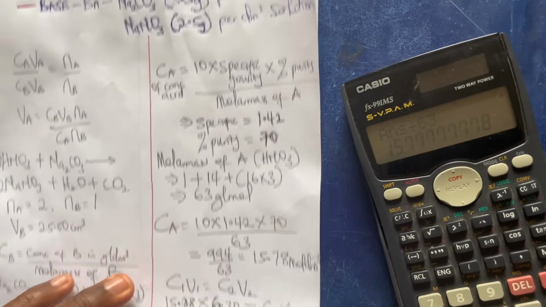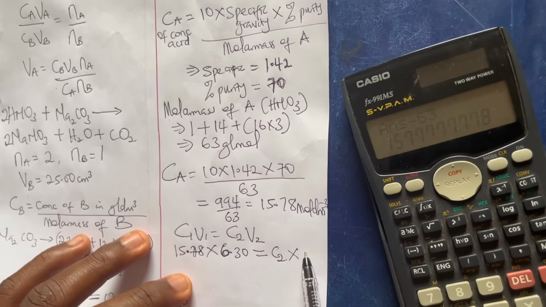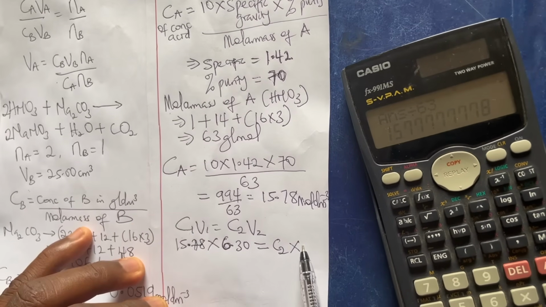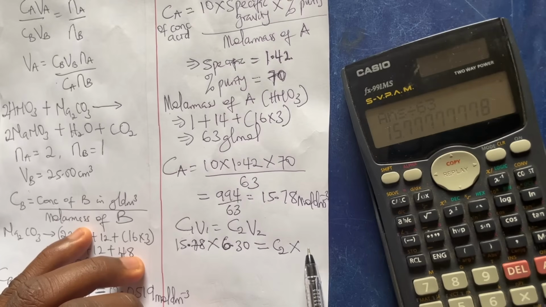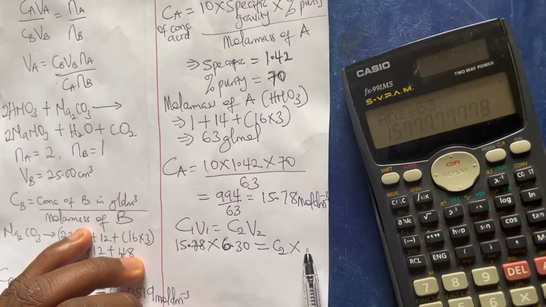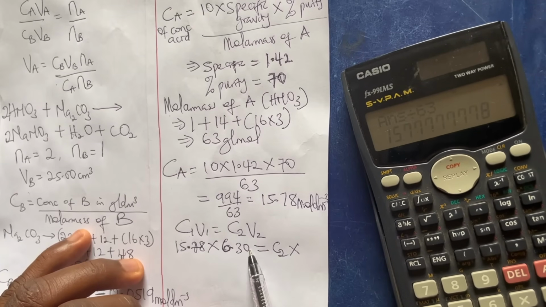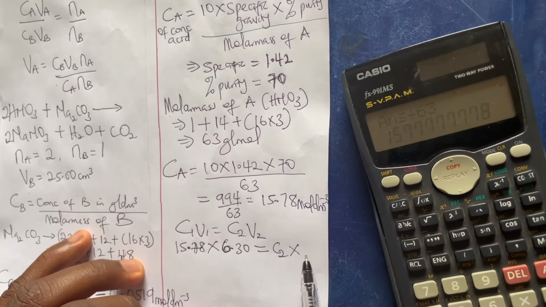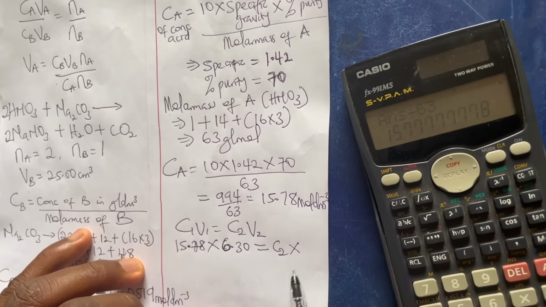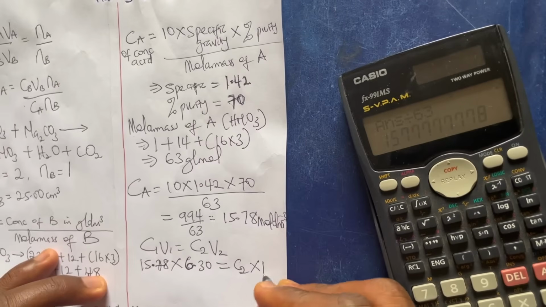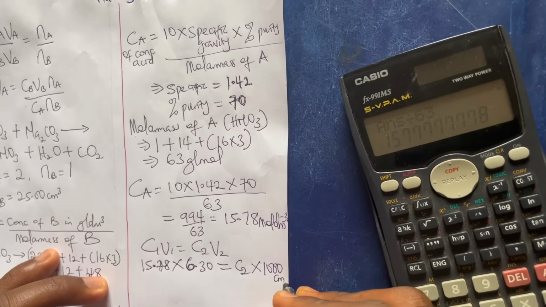But instead of writing 1 dm cube, I am going to write 1000 cm cube, because this 6.30 is in cm cube, so the units will be the same.